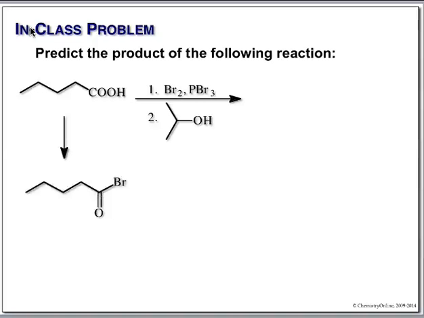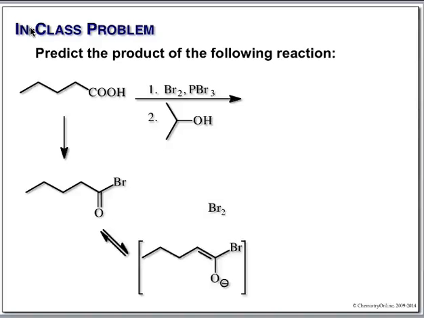Now that we've hit chapter 22, we realize that the bromine, being electronegative, is going to stabilize an anion here. Therefore, this is going to have enolate anion character, isn't it? This is our enolate anion then.